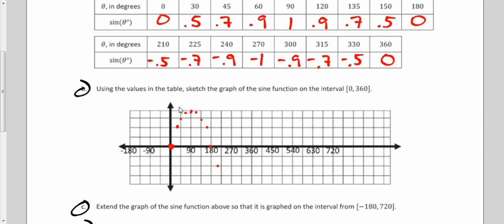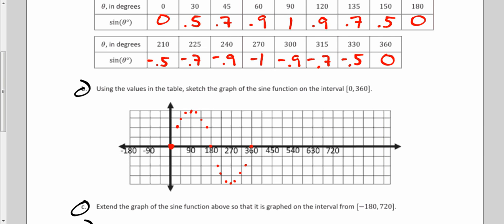At 225, halfway, I'm at negative 0.7, right about there. At 240, I'm at negative 0.9, right about there. And at 270, I'm at negative 1. And then I go back up again, right?